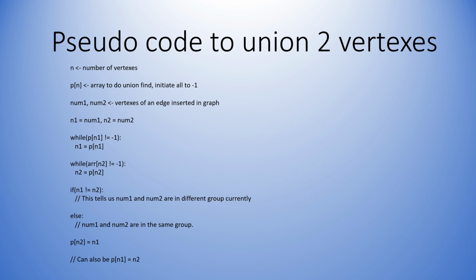To keep everything simple, in this video, I'm not going to introduce union find as a data structure or use recursion to perform find and union. Instead, we just take a simple approach by using while loop to find the root node. This is the pseudocode for find and union on 2 nodes.